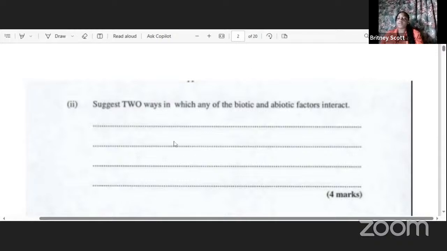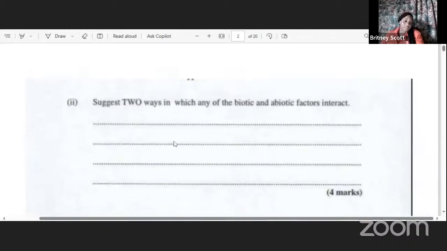In order to answer this question, we need to revisit what we wrote earlier. Earlier we wrote about the biotic factors such as water lily and fish or tadpole, and abiotic factors such as mud and water. What the question simply wants you to do is to suggest how the biotic and the abiotic factors interact with each other.